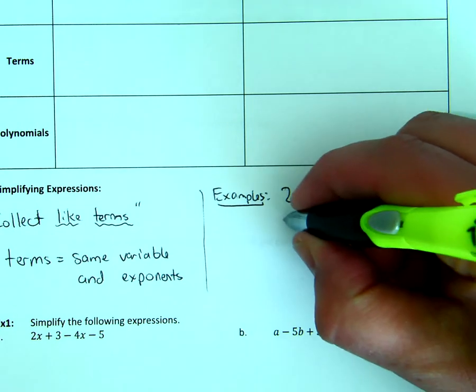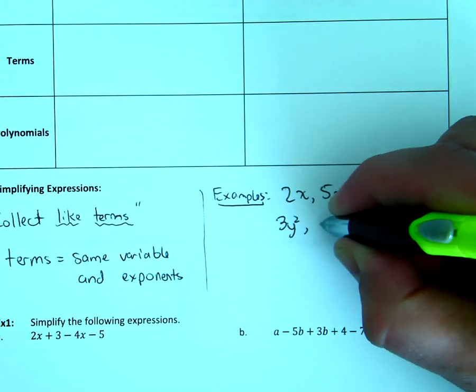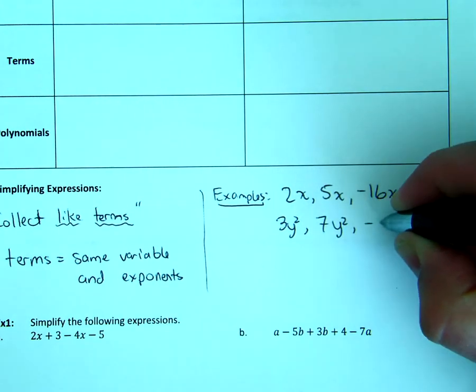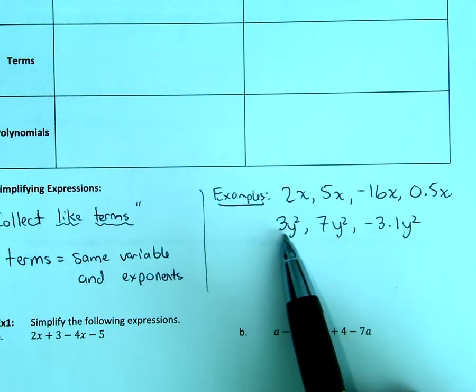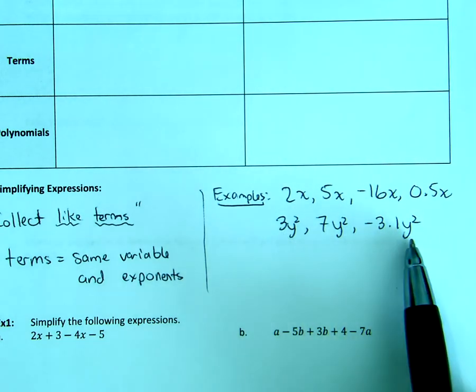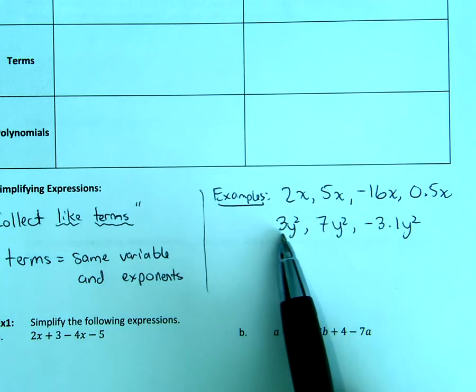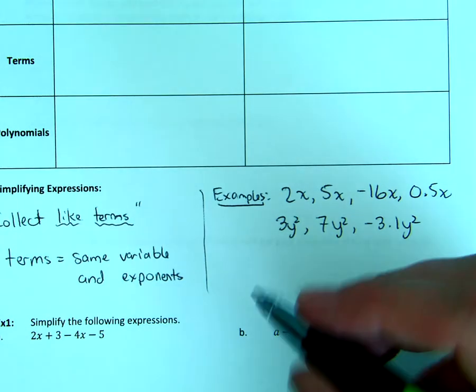Another example could be 3y squared, 7y squared, negative 3.1y squared. So these are all like each other because they have the same variable, they all have a y, and they all have the same exponent on the variable, y squared. The coefficient, which is the number in front, doesn't matter. We're just looking at the variable and the exponent on the variable.